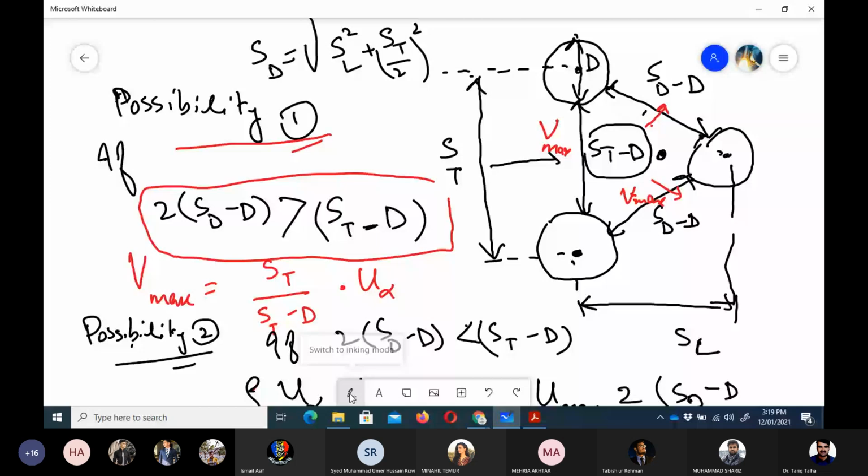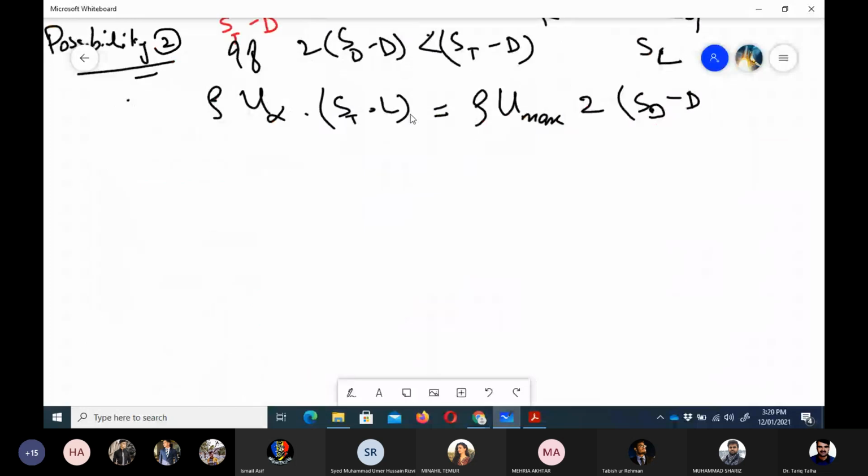So now going back there, possibility 2. If we apply this conservation of mass, let us do the simplification. Rho cancels out with rho. I haven't completed this formula here, so ST into L. If we do the cancellation of L, then from here we can write Vmax.